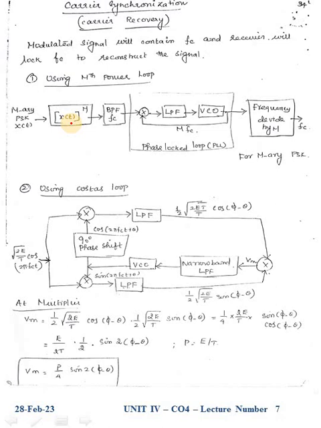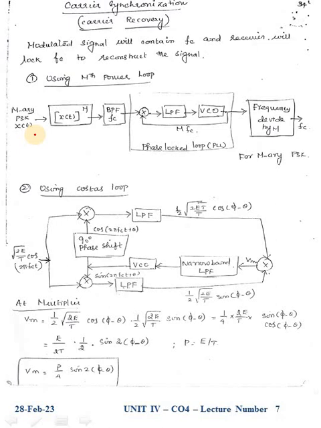If we use M equal to 4, then x of t power 4 has to be taken. Similarly, if it is 16, then it is x of t power 16. So the power levels are increased based upon the requirement. Here M-ary PSK x of t is given as the input, and M varies depending upon the user's PSK.